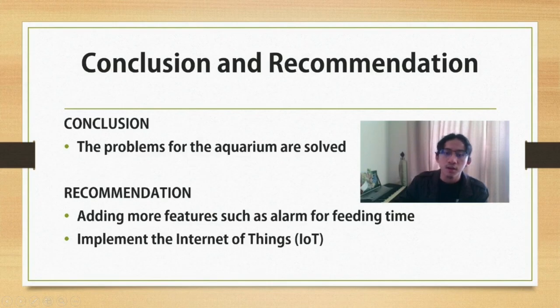However, our project can be improved by adding some more features, such as an alarm for the feeding time. Next, we can also implement the Internet of Things in this project to allow the user to control the fish feeder from a distance or while they are out of the house. That's all. Thank you.